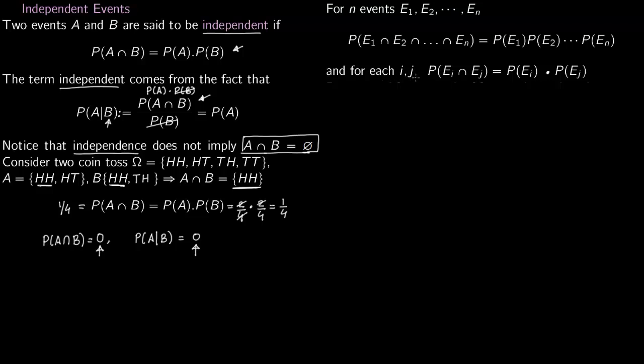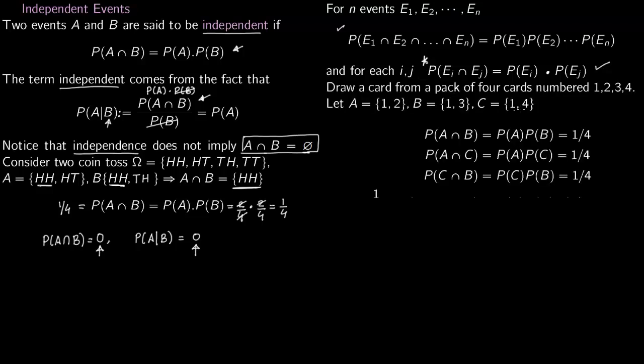So for any two events i and j, you have to have this. For example, probability of E1 intersection E2 has to be probability of E1 times probability of E2, and you have to have probability of E1 intersection En equal to probability of E1 times probability of En, and so on. So in case this holds but this condition is violated, then the events are not considered independent.